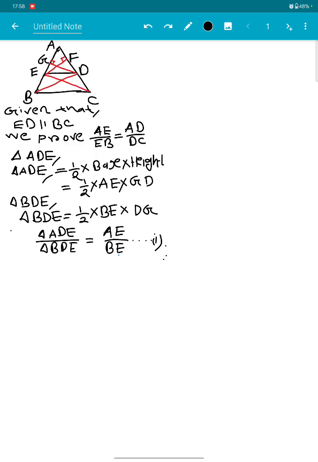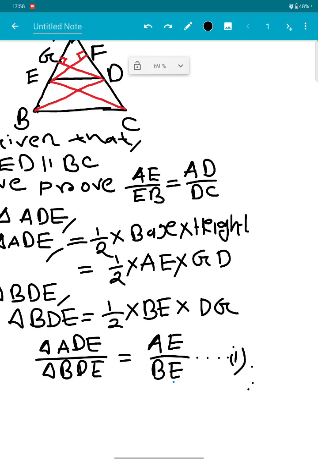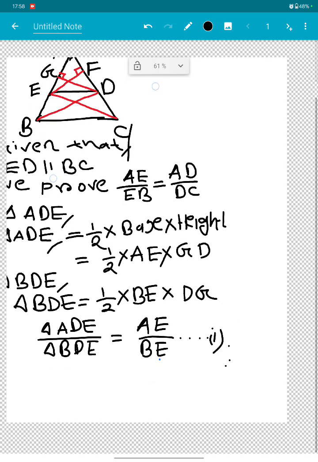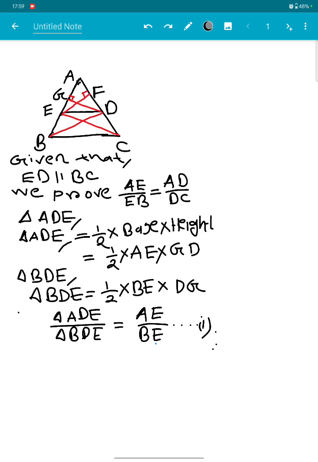Now similarly we take two triangles. One triangle is BCD, and one triangle is AED.